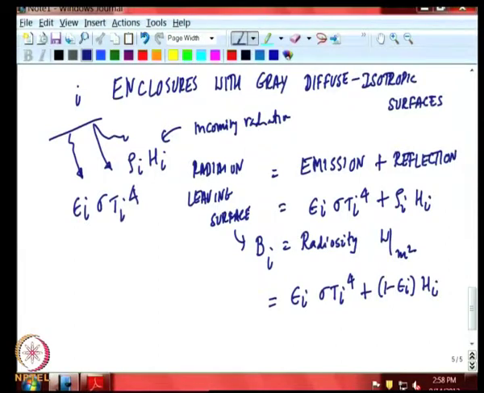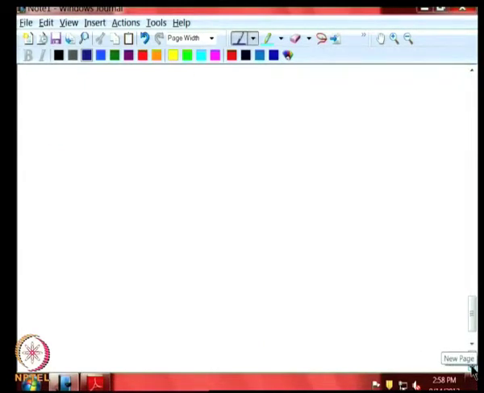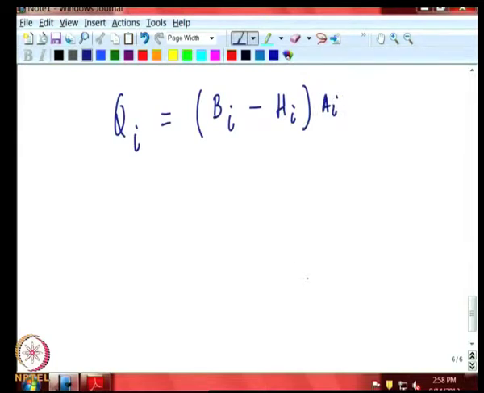Now, this is the basic building block, the idea of radiosity, and the advantage of radiosity is as follows. First thing, on the ith surface, the heat to be added is nothing but energy leaving the ith surface minus energy incident on the ith surface, multiplied by Ai. So, this is radiosity, what is leaving, this is irradiation, what is arriving.